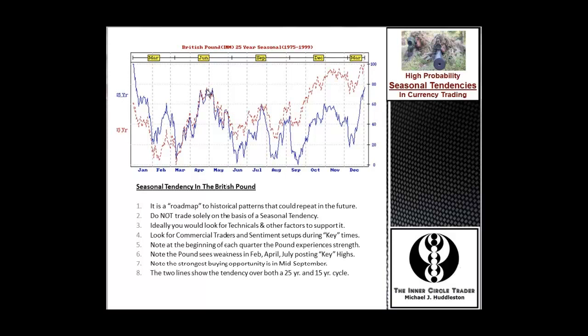By waiting for an opportunity for the commercials during that same time frame, here's April and May, if we see a net short position on the commercial traders and the sentiment is high or extremely bullish, we could expect a high to form based on the seasonal tendencies.